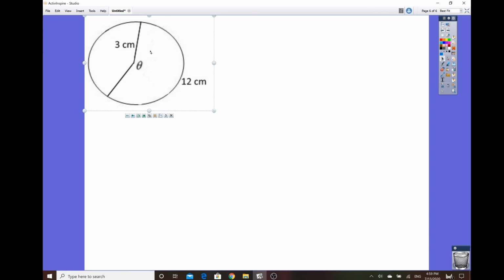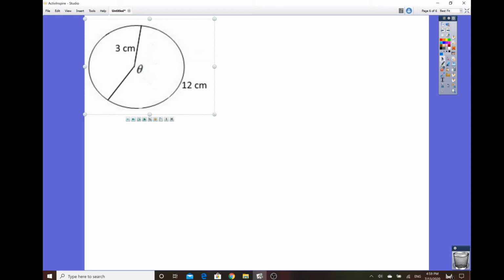So 12 centimeters is the arc length from one point of the circle to another point. Let's say this one's point A and this one's point B. So the measure of the entire arc here is 12 centimeters.